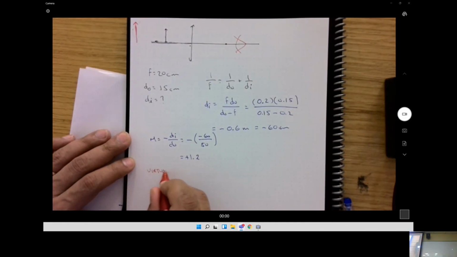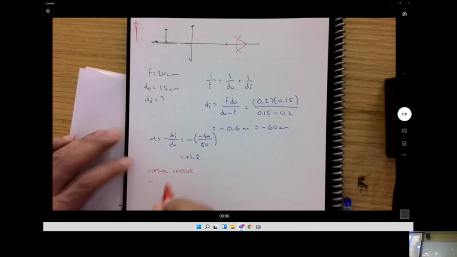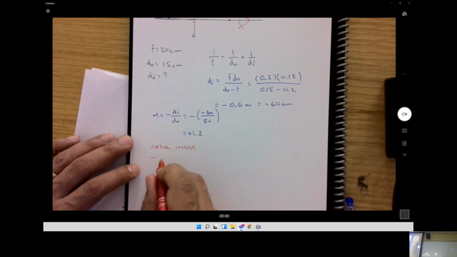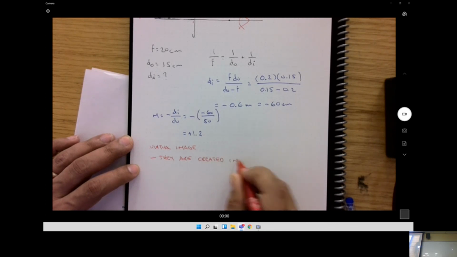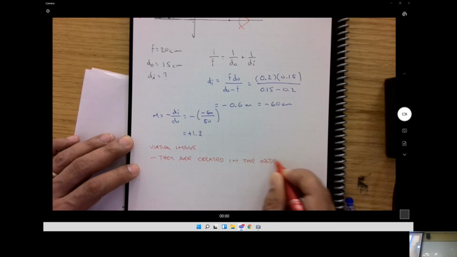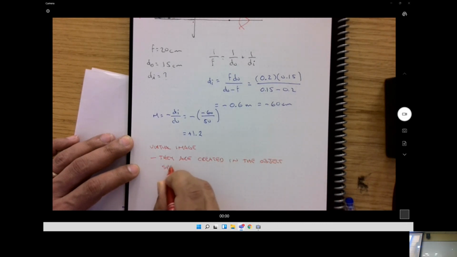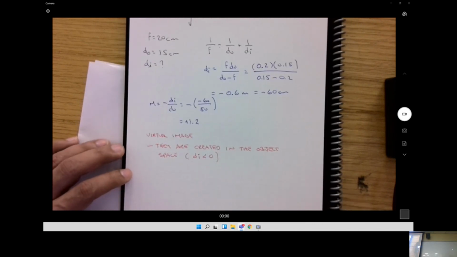So virtual images are going to be created in the object space.